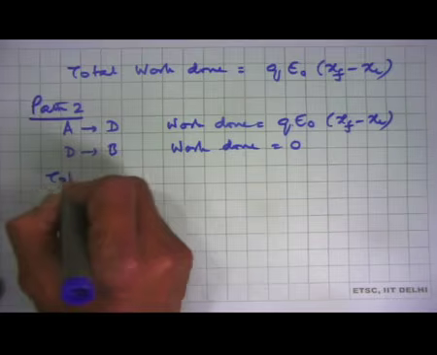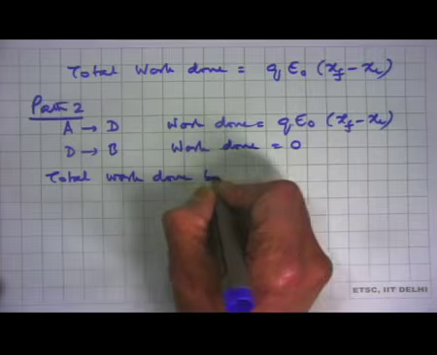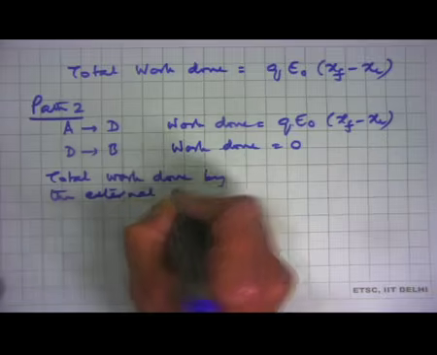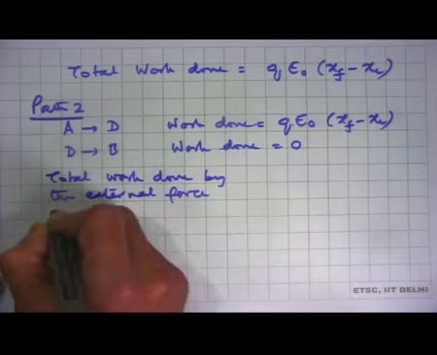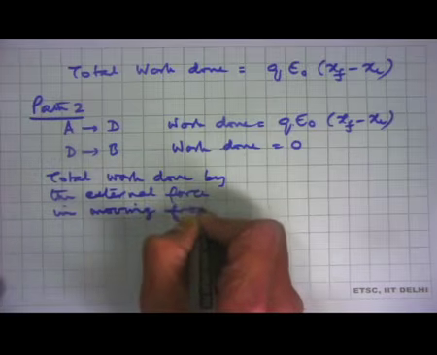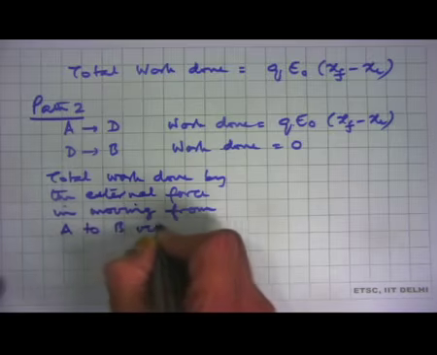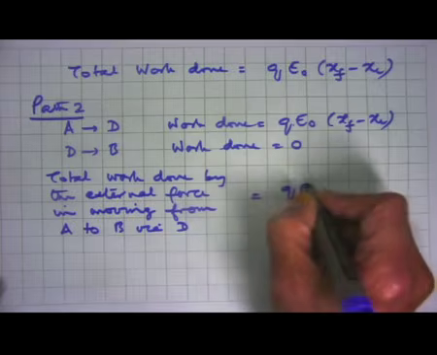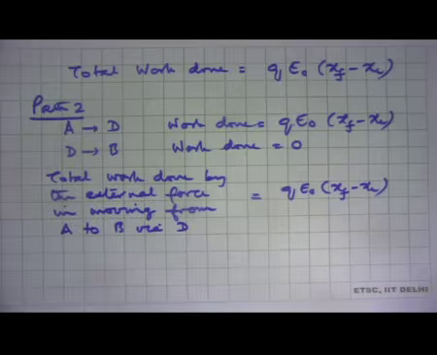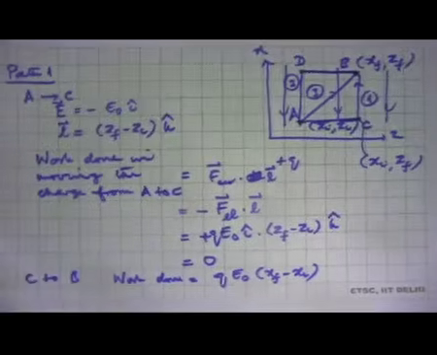So, total work done by the external force in moving from A to B via D is equal to q E naught x f minus x I, which is the same as the work done in moving the charge from A to B via C. These two work dones are equal.